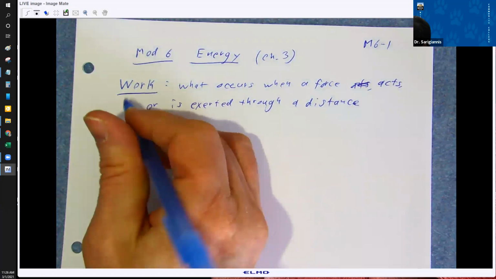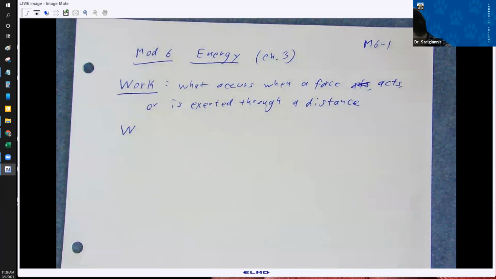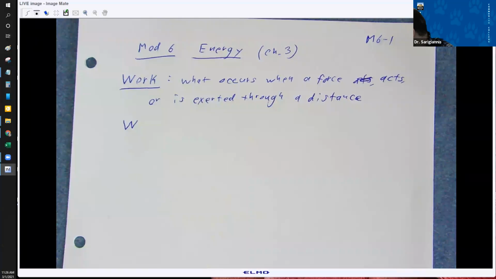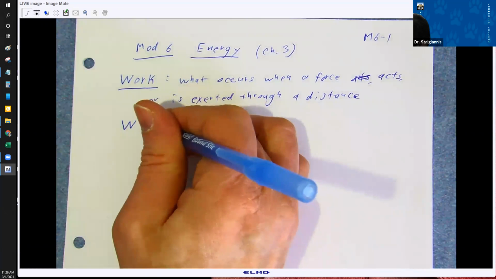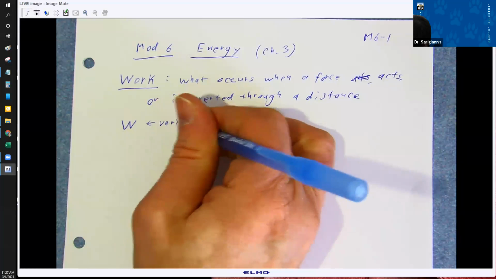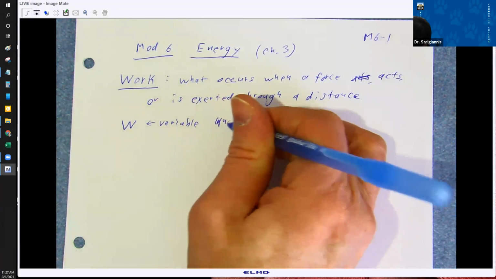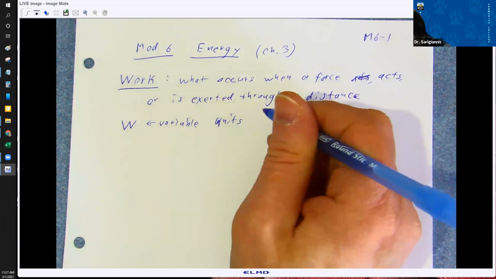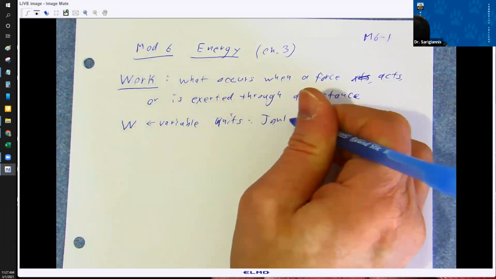Let me write some variables here. W is the variable, and the units, so let me just put a little variable. The units of work are joules.